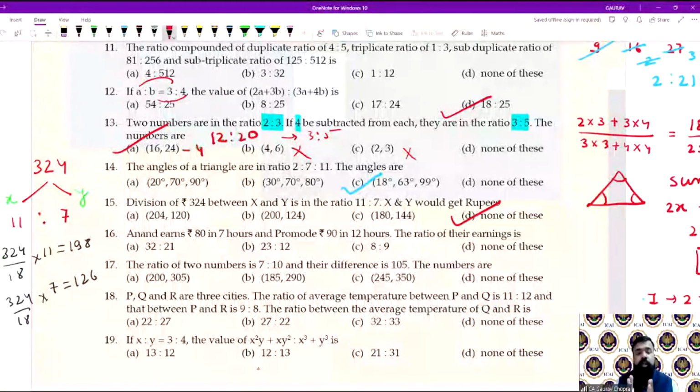So always remember, learn the basic tables up to 25. Simple squares up to 30, like 1 square, 2 square, 3 square. Learn these up to 30. After that, you will be able to do the speed calculation. So this question can be done in 5 to 10 seconds orally. And also you can do this using your calculator. Simply 324 by 18 multiplied by 11 and 324 by 18 multiplied by 7.